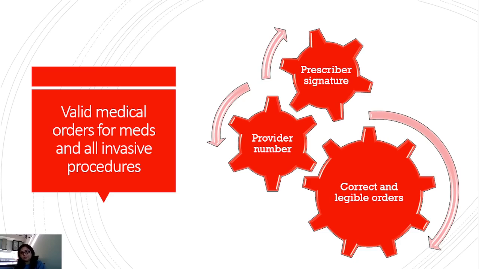They should be readable and unambiguous, and it's preferred that the generic names of the medicines are written. But sometimes doctors might not write the generic name on the orders. They might write the trade names. For example, the generic name of a cholesterol medication is rosuvastatin, which is a statin, but they may write Crestor on the order.